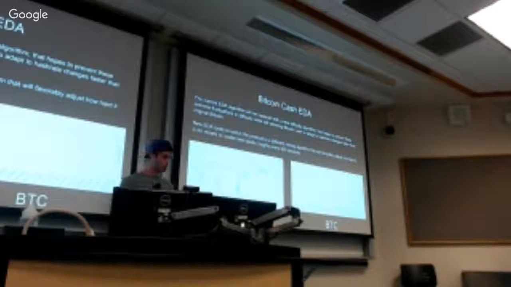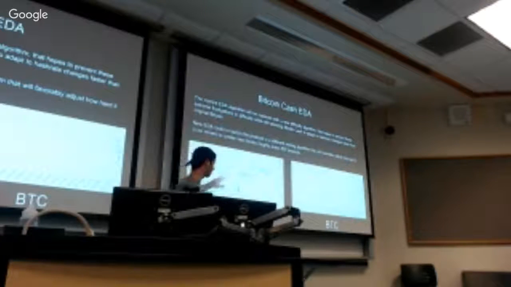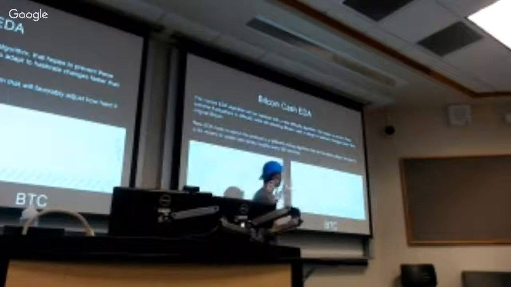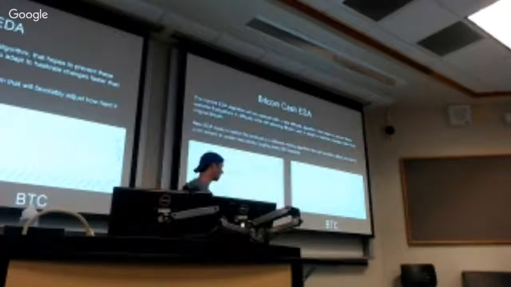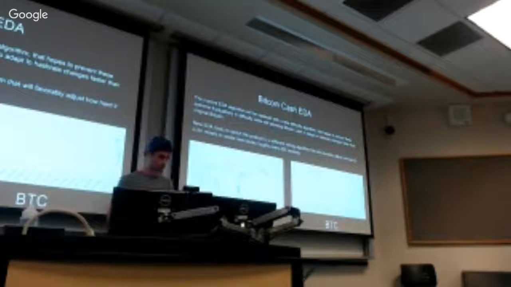They changed their difficulty algorithm, and now they're creating new blocks every 600 seconds to readjust the difficulty. It's going to look a lot more like this once the miners get kind of used to what they're mining, really, is how it works.